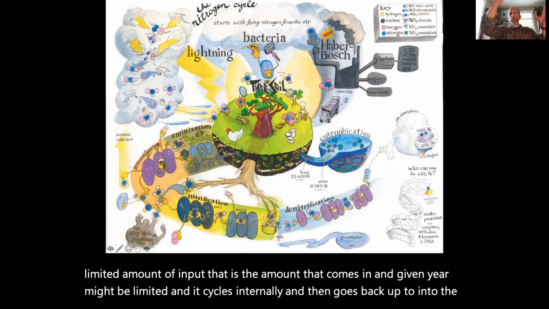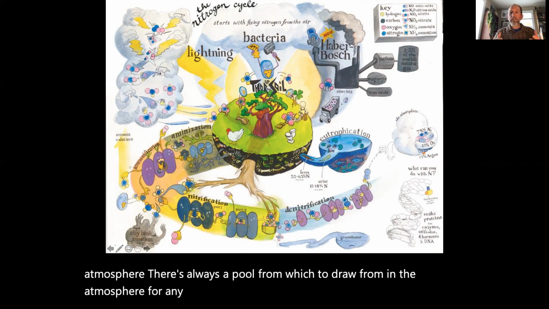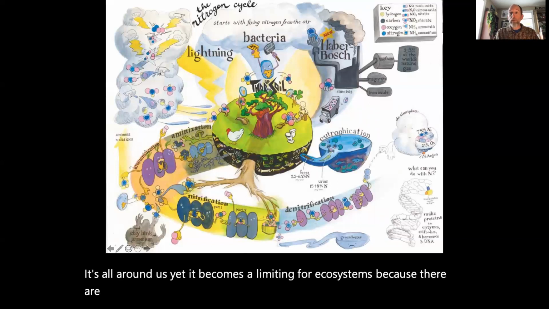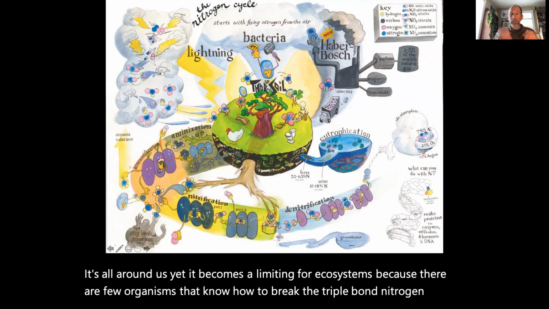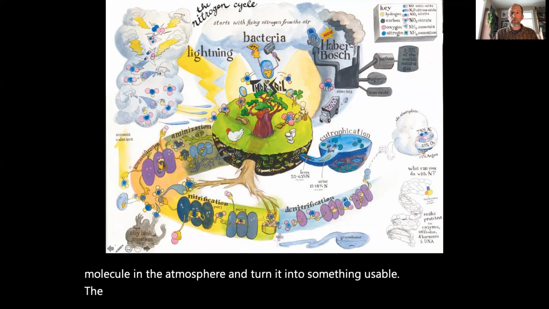There's always a pool from which to draw in the atmosphere for any ecosystem. And so this is the great irony of nitrogen. It's all around us, yet it becomes limiting for ecosystems because there are few organisms that know how to break the triple bond nitrogen molecule in the atmosphere and turn it into something usable, those first usable forms like ammonium and nitrate.